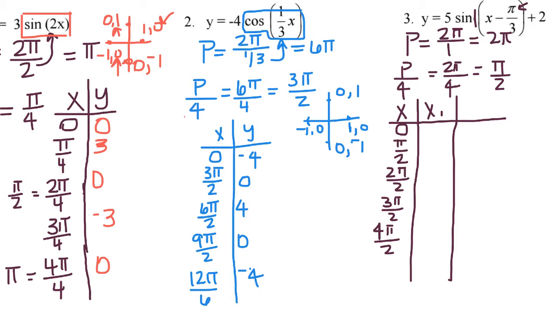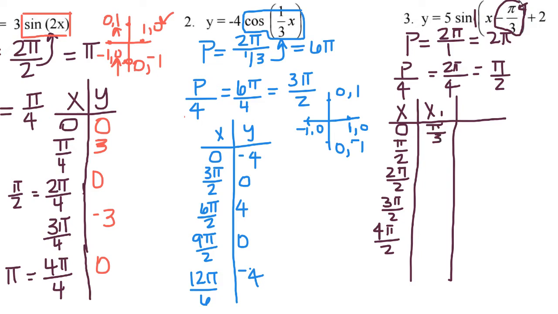But remember, this problem, we have a phase shift, and we have a minus pi over 3 on the inside, which means we're moving to the right pi over 3. So I need to go through and add pi over 3 to all of my x values because we're moving our graph to the right pi over 3. So 0 plus pi over 3, well, that's going to be our pi over 3.